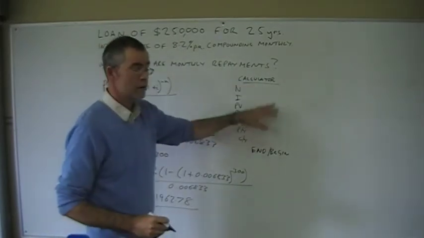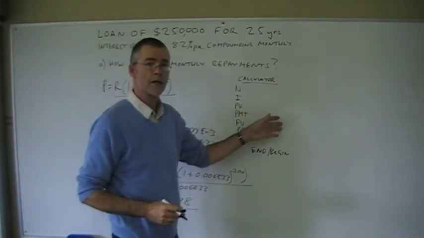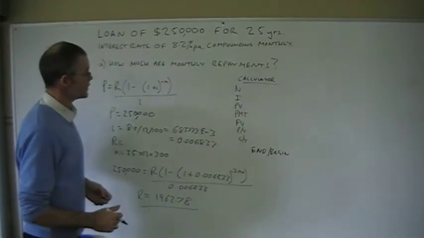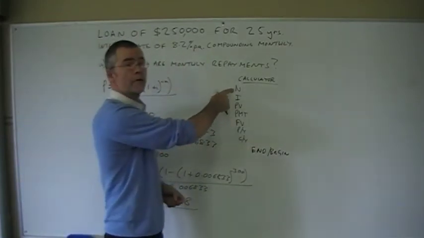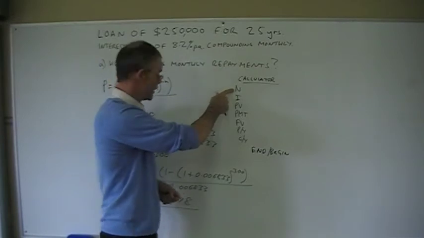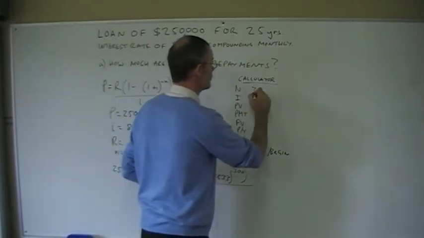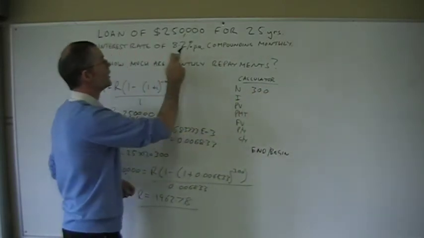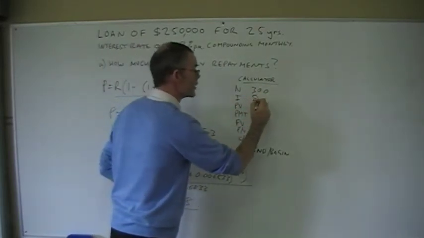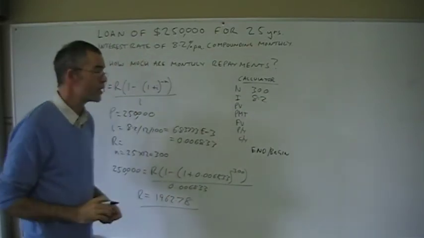On the calculator, you do it slightly differently, pretty similar, but slightly differently, and it goes like this. The N is how many compounding periods before we've paid off the loan, and again, that's 25 times 12, which is 300. Your I is 8.2, and you write the nominal amount in your calculator's program.